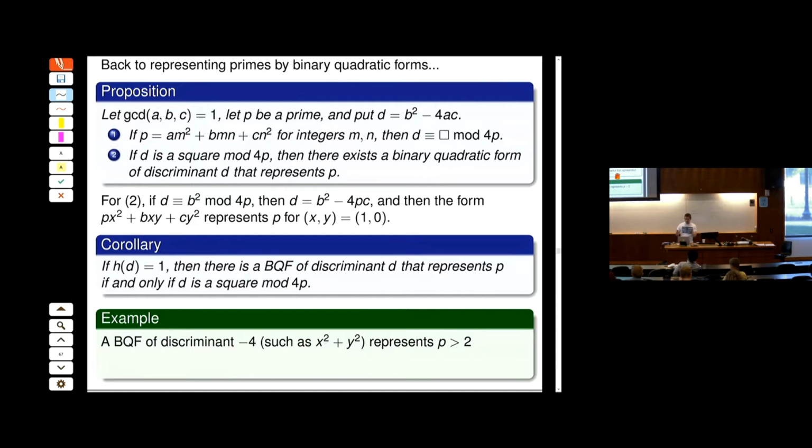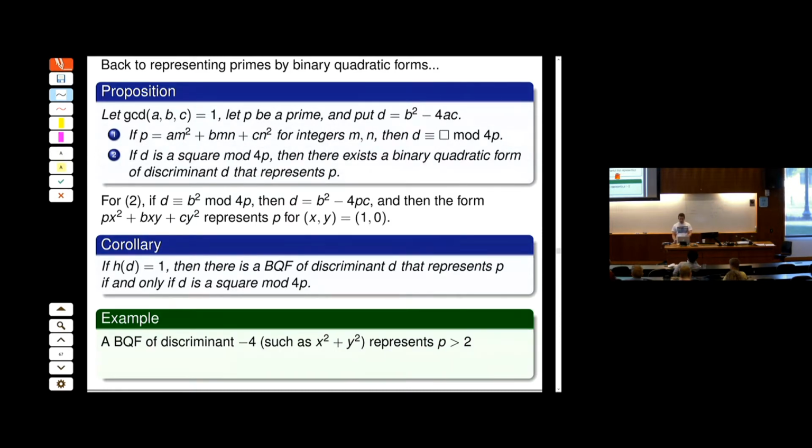But if d is a square mod p, then there is a binary quadratic form that represents it, and they are all equivalent, so all of them represent it. So any form of discriminant d will represent p as long as d is a square mod p, if the class number is 1.